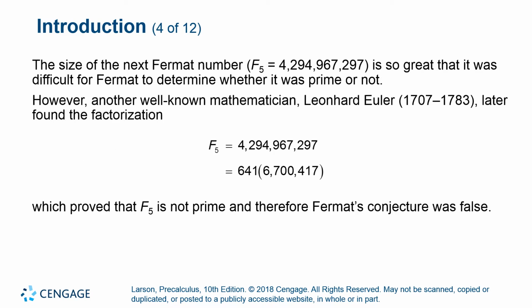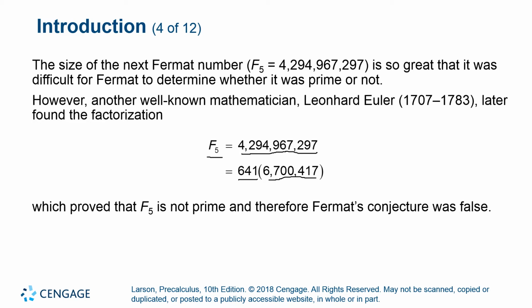Even though the formula worked for the first 4 numbers, when it comes down to the fifth number, you can see that substituting n equal to 5, we end up with this huge number. And this huge number is the product of these two numbers, and therefore when n equals 5, that formula didn't work anymore.